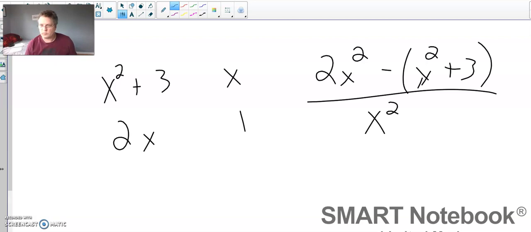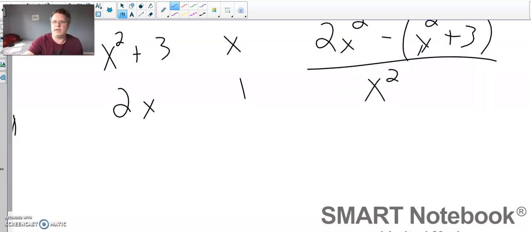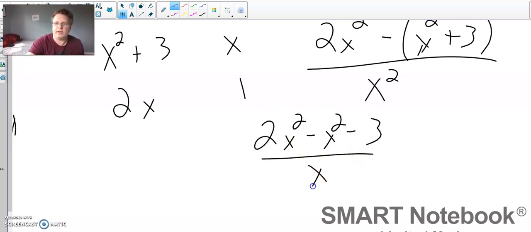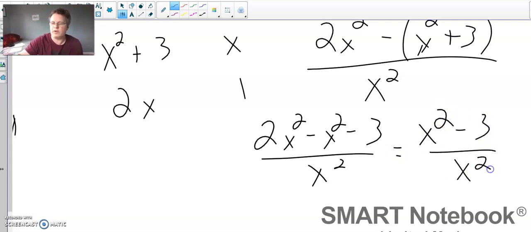That's the first one, using the quotient rule. Then we have 2x squared minus x squared minus 3 all over x squared, which equals x squared minus 3 over x squared. Okay, good. And that's acceptable. That's fine.